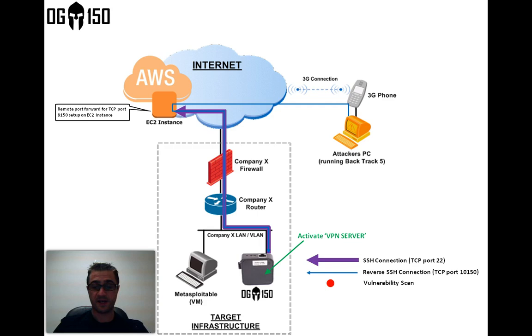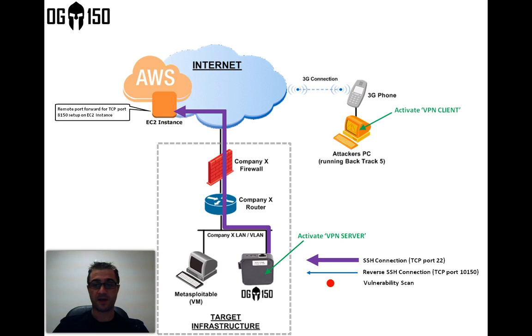We then activate the VPN server on the OG150. I personally use OpenVPN. You can use whatever you like, there are others out there. Okay, at that point we are finished with the reverse SSH connection, so that can be disconnected now.